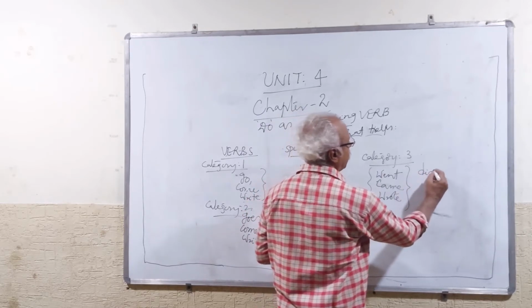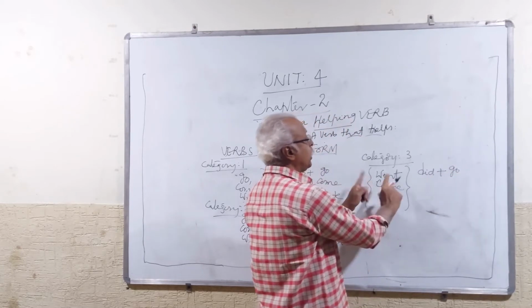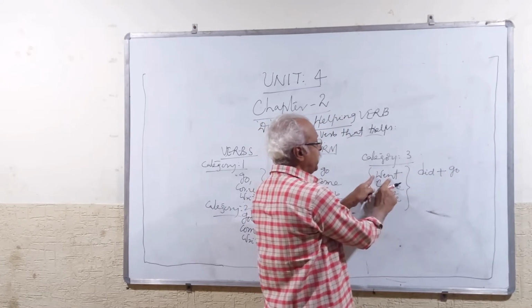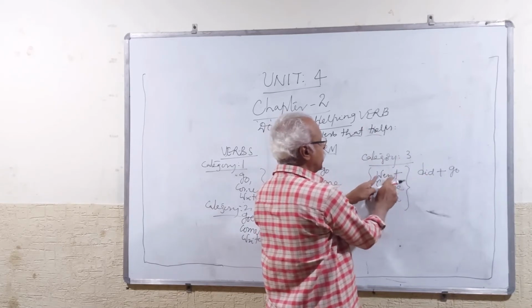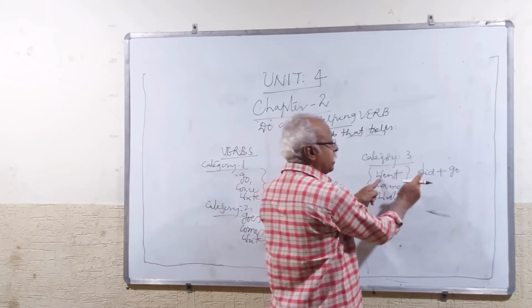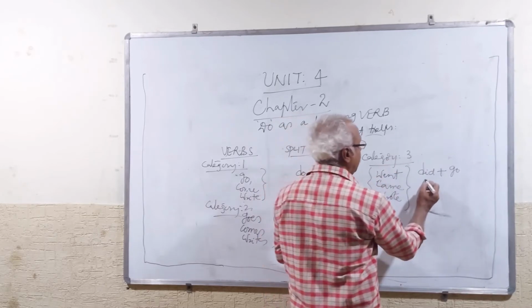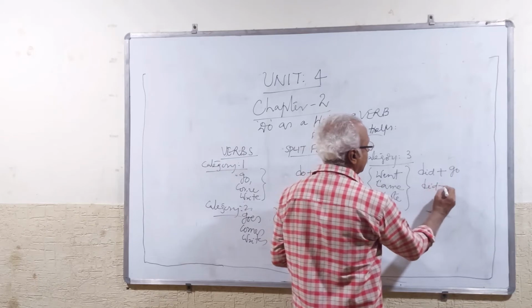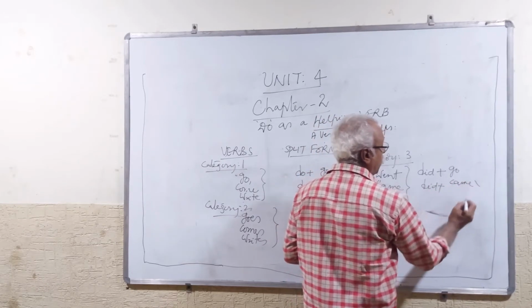Did plus go. Make it a point. Went equal to did plus go. Because of went I have written did as a helping verb, and after writing did, you should write always present tense verb only. Again, tell me, did plus came, can I write? No, it's wrong.